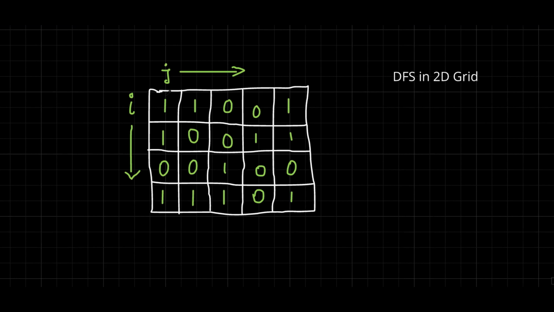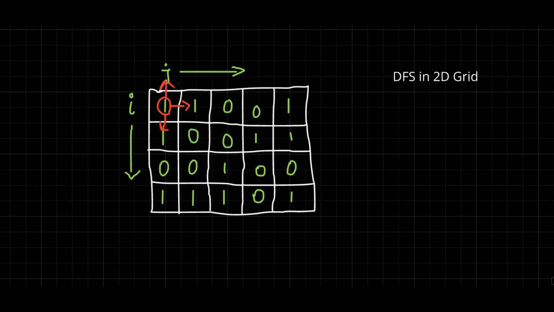And for each cell, if the current element is 1, that means the current element is land, we have to call a DFS function. So here, suppose for this first cell, it is 1. So we have to call a DFS function. From here, we will make this 0 and we will move to its left, right, up and down.